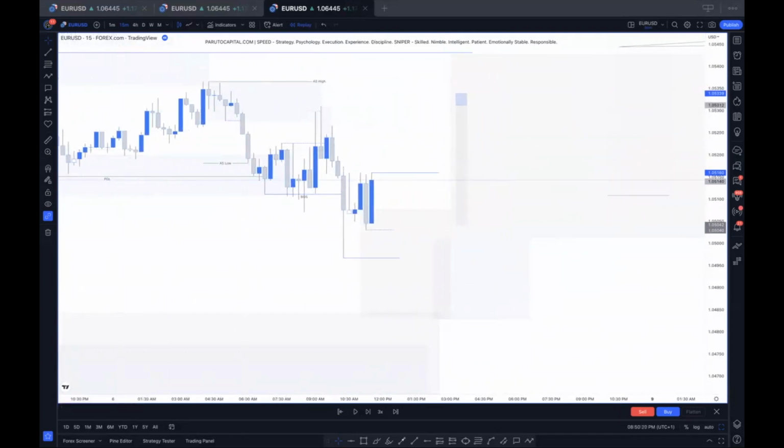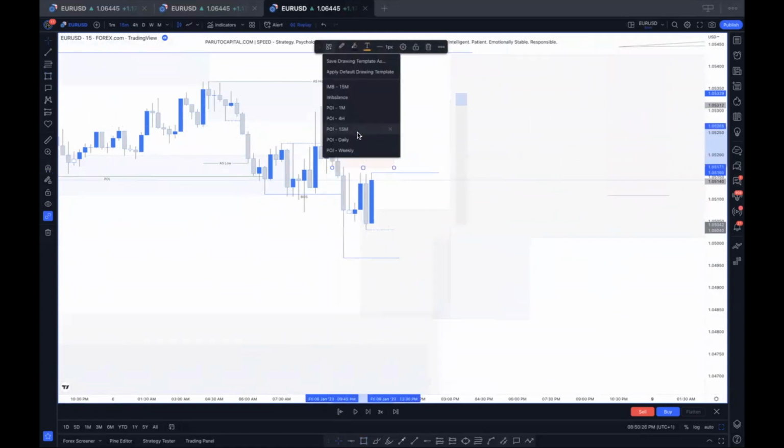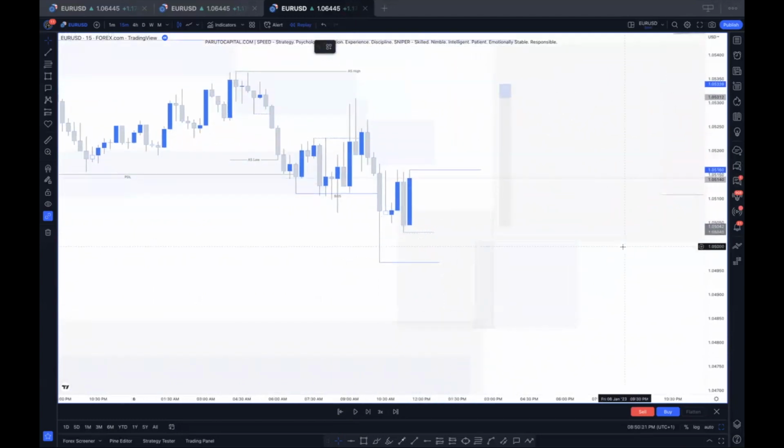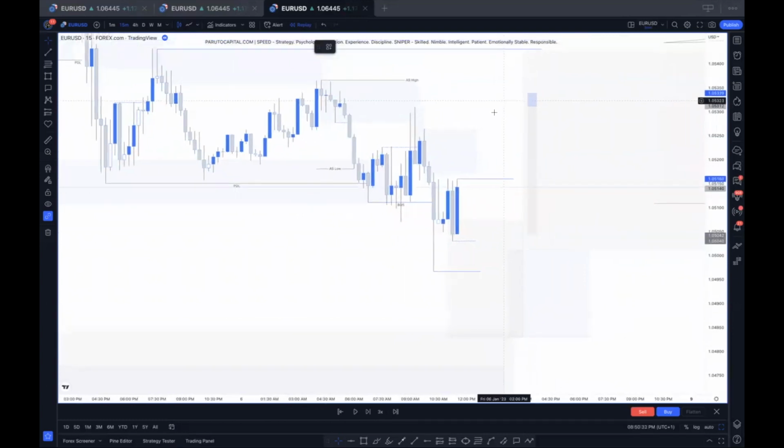Because sometimes if price doesn't come into my point of interest, like this last candle that I drew here, based on my testing of the strategy and how I trade, there are times when that can be a false move. And then price basically tricks you into entering early before actually coming into the zone to mitigate it. That is the reason why I wouldn't take that.